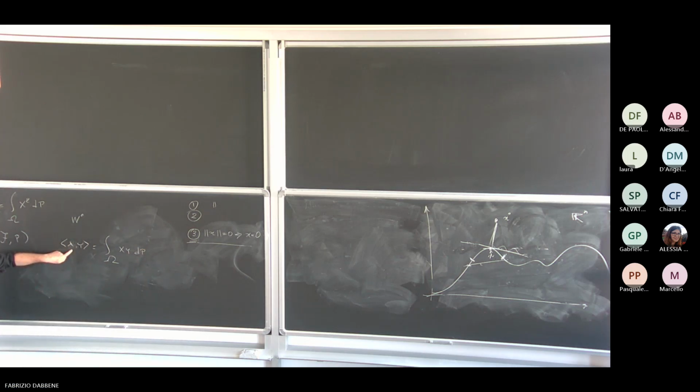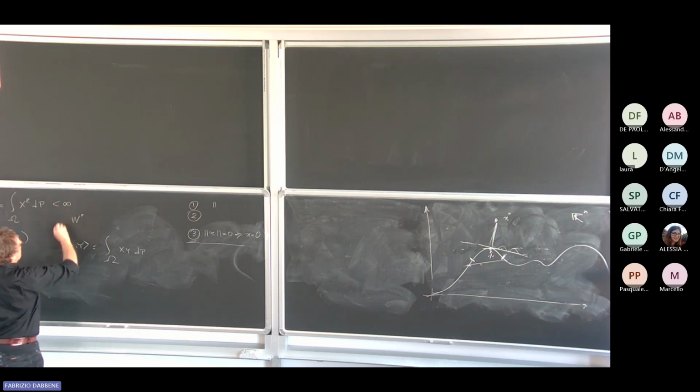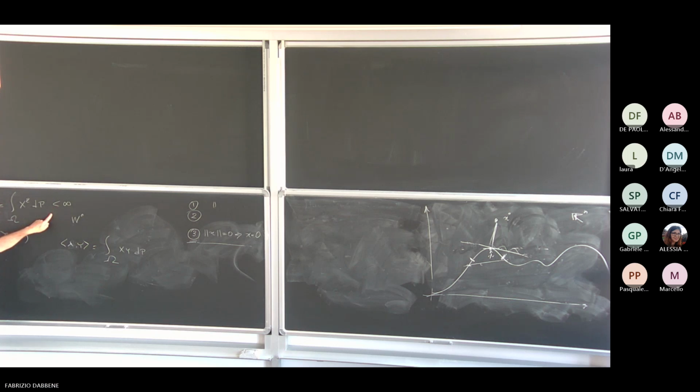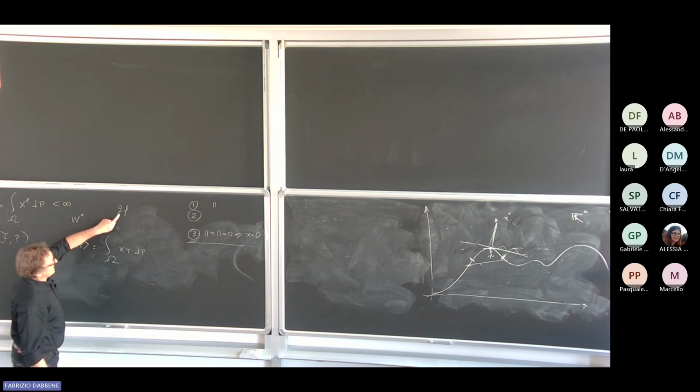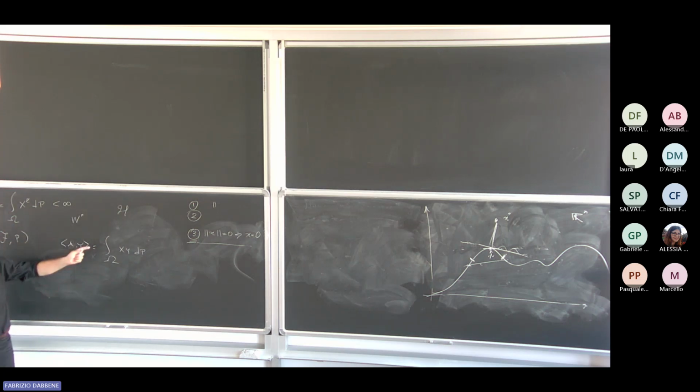The inner product is compatible with the norm, and so we have the Hilbert space, and we also assume that this is finite. So now we have a space H, the space of random variables, these classes, with finite variance, with this norm and this inner product. And this is our setup.